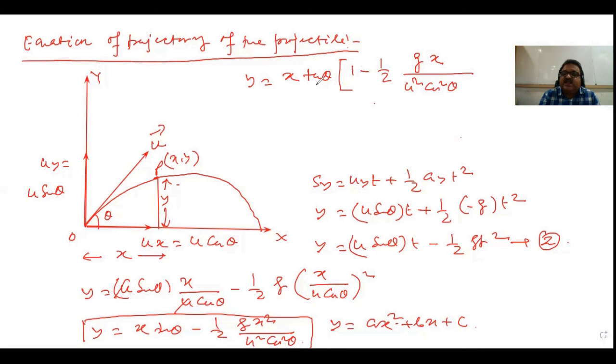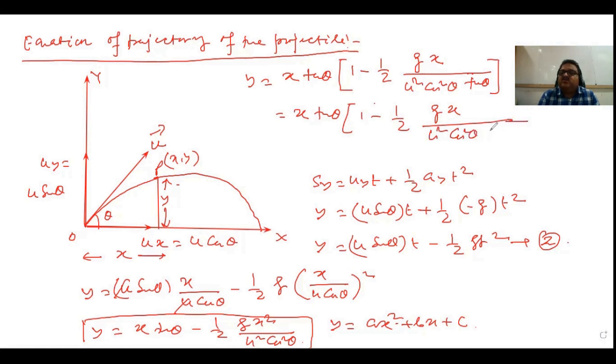If I take tan theta common, I have to multiply tan theta with this, because if you multiply with this, the result becomes unchanged.